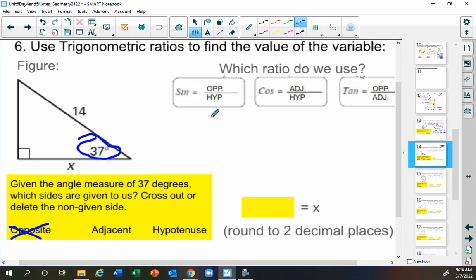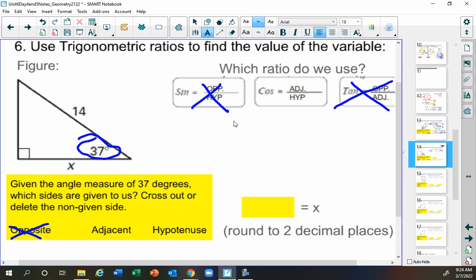So if the opposite wasn't given, then out of the three, which is the ratio we can use? Cosine. Because we don't have an opposite, that's gone. So we're just left with cosine. So the cosine of 37.